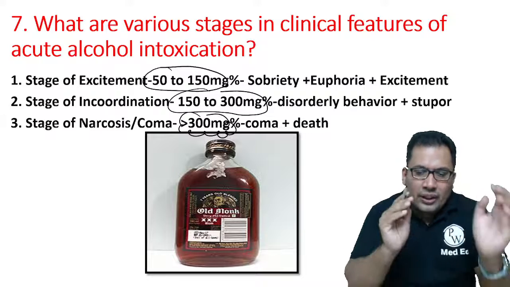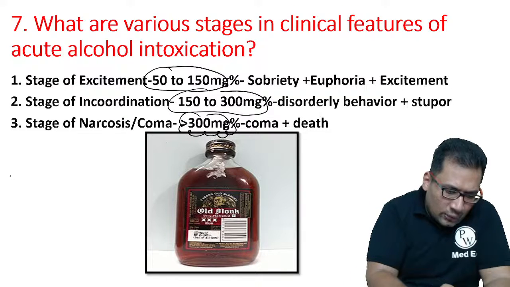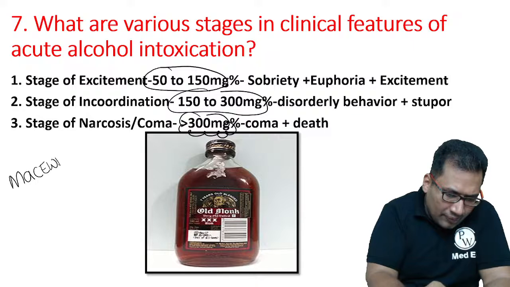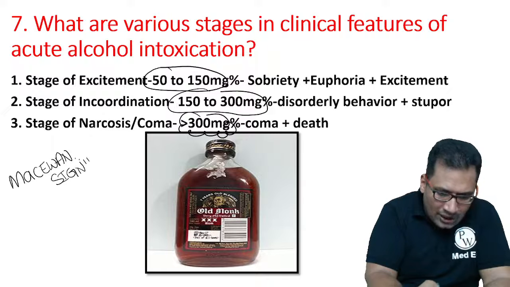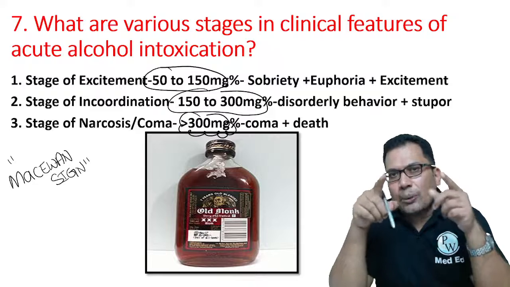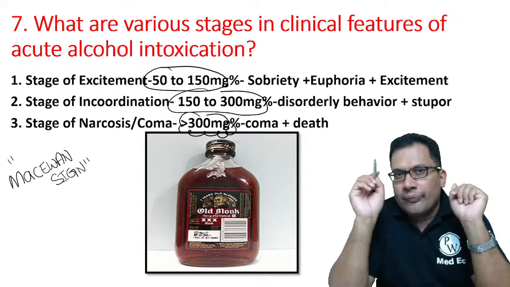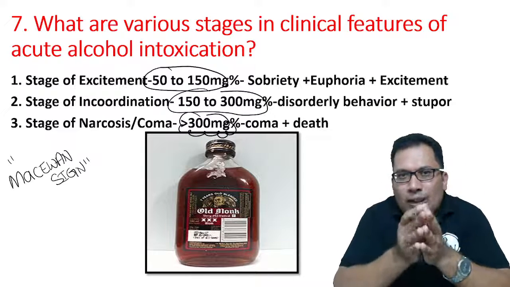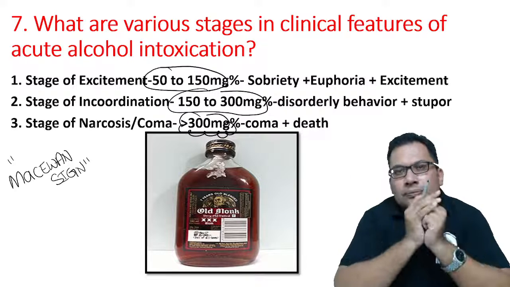And remember, in case of alcoholic coma, there is one important sign known as the McEwen sign. It can be asked in your exam. What is the McEwen sign? It is positive in case of alcoholic coma. Normally in alcoholic coma, the pupil is constricted.